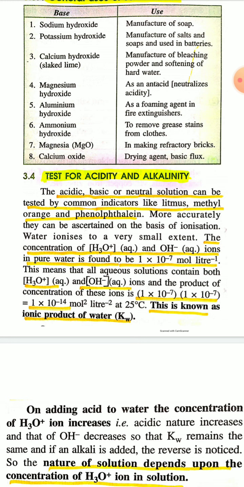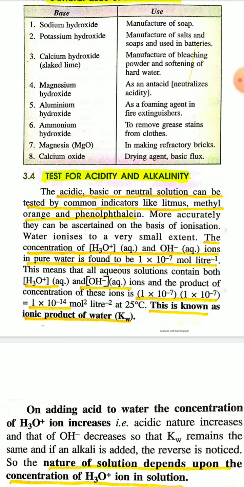Okay, so what is the multiplication of concentration of H3O+ ion and OH- ion in pure water? It is 1 x 10^-7 into 1 x 10^-7, that is 1 x 10^-14 mole^2 liter^-2.